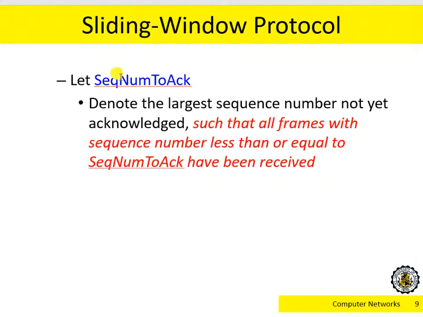That frame is the latest frame that has been accepted or received by the receiver, but the acknowledgement has not been sent yet. So that means all the frames before or at this one have already been received by the receiver.